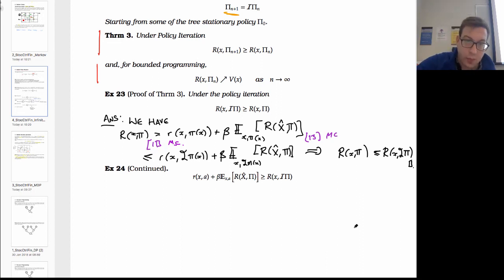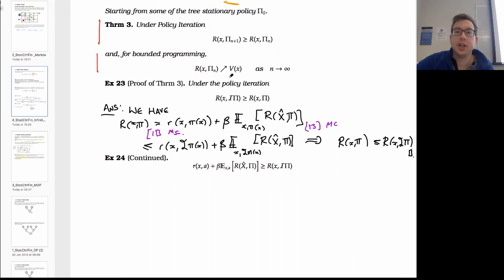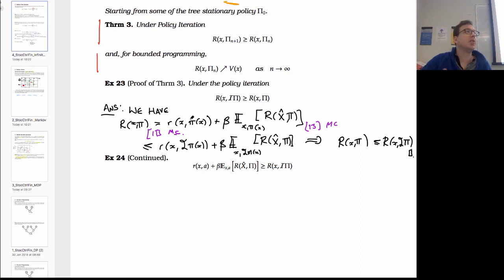Okay? So that shows that every time I do policy iteration, the rewards are going to get bigger. So you're saying policy iteration is good, as in it improves the policies. Okay?